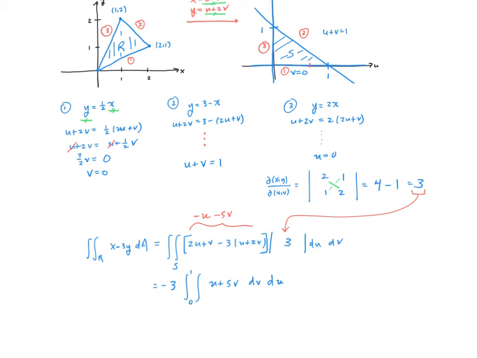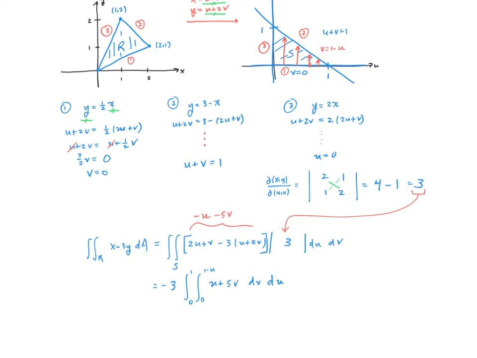Then we need to think, if you pick a value of u between 0 and 1, how do those corresponding v values vary? And they will vary from the lower curve, v equals 0, to the upper curve, v equals 1 minus u. So going back to our old techniques.